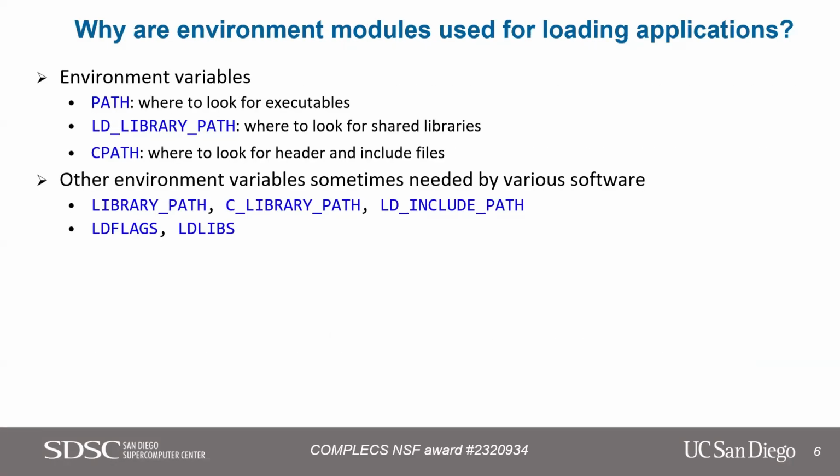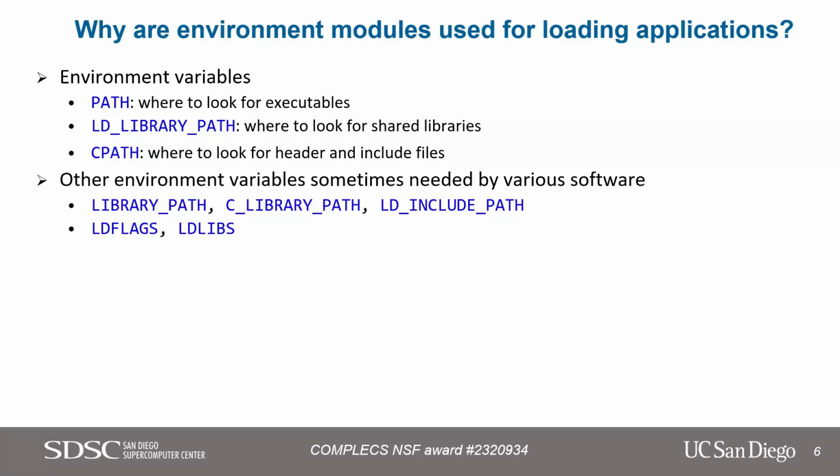So why are environment modules used for loading applications? As you may know, in a Linux system, once software or libraries have been installed, you will need some environment variables to access them, such as the PATH, which helps you get to your application's executable.